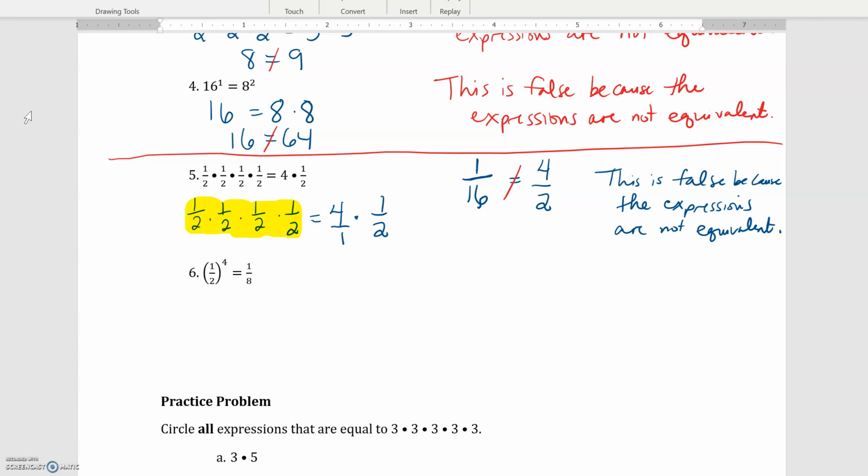So the same process, but now we just have fractions to think about when we're trying to evaluate our expressions. So now it's your turn. Try number 6, pause here in the video so you can practice this and continue whenever you want to check your answer in the video.